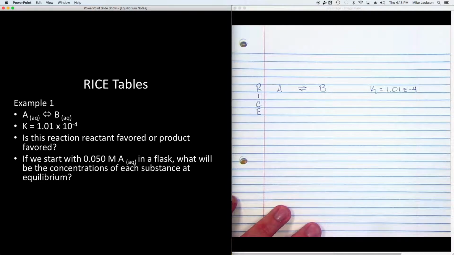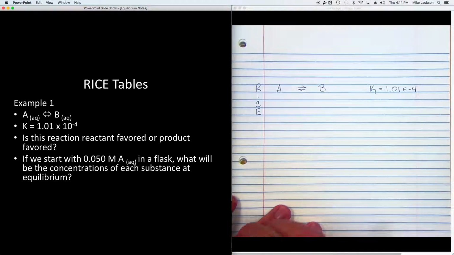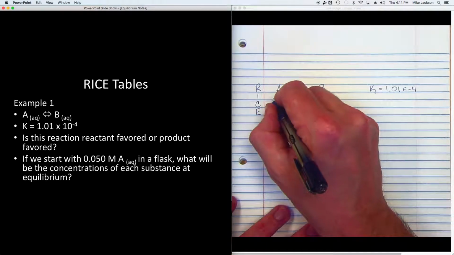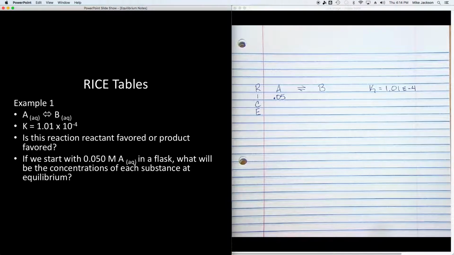Okay? I stands for initial conditions. So we're given the fact that we start with 0.05 molar, and we have to put molarities into this. 0.05 molar A. So I'll put 0.05. It's not necessary to include the units in your table. They just tend to take up space, and I don't know about you guys, but I find them confusing, so I will leave the units out.